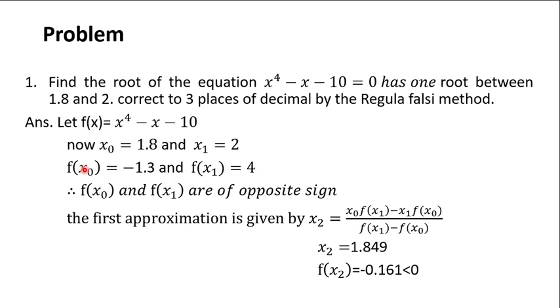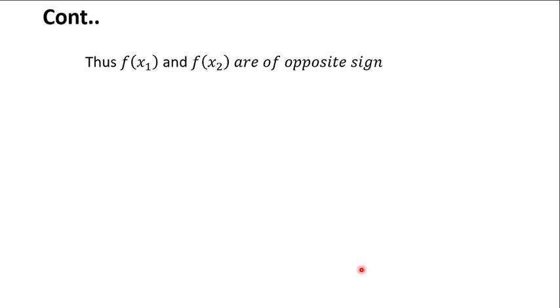Therefore the root lies between x1 and x2. Thus f(x1) and f(x2) are of opposite sign. The next approximation x3 = (x1 f(x2) - x2 f(x1)) / (f(x2) - f(x1)).